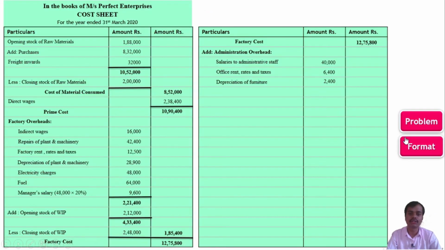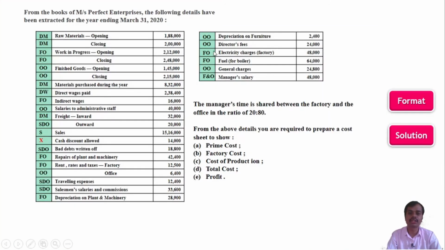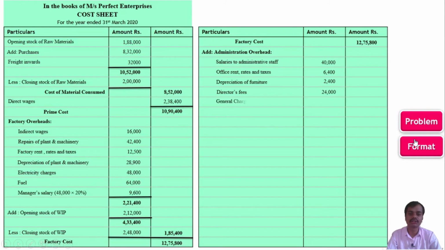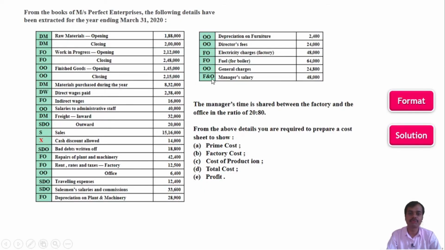Let's take directors fees 24,000. The next item of office overhead is general charges, which is 24,800. Let's take general charges 24,800. And the last item of office overhead is manager salary, which is 80% of 48,000.